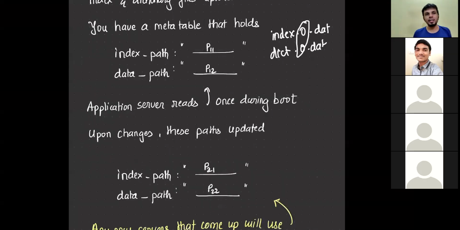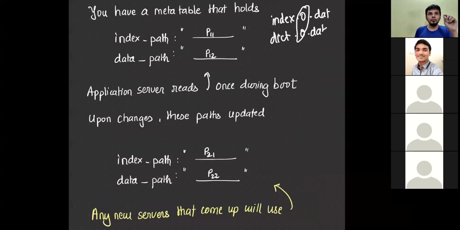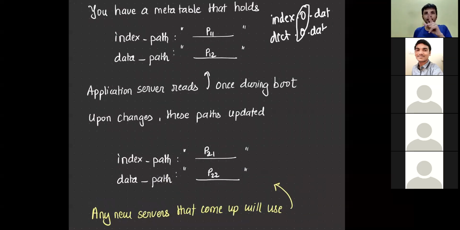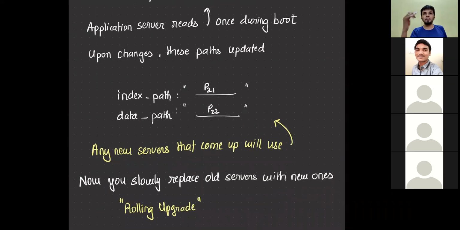Now what would happen here is once your application server reads this file during the boot, it would read, let's say, P11 and P12, the old paths for the index file and data file. These paths are there on S3. Your application server loads this file just once during the boot. Now, upon changes, these paths are updated.